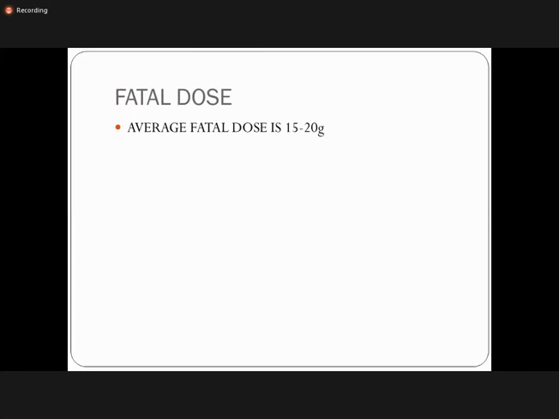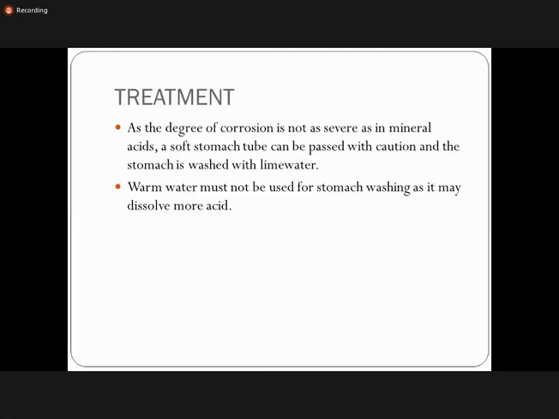Okay, so this is something that you don't need to remember. That usually occurs within an hour, so it's quite fatal. Now for the treatment. Since the corrosion is very mild, we can use a stomach tube. Remember for the strong acids and alkalis, how the stomach tube was contraindicated and we needed to use a very soft Levin's tube in order to gently wash the stomach.